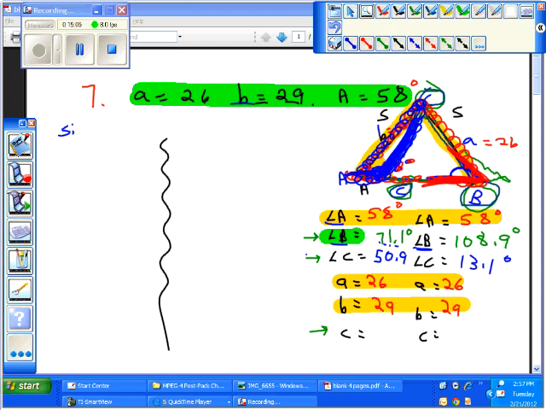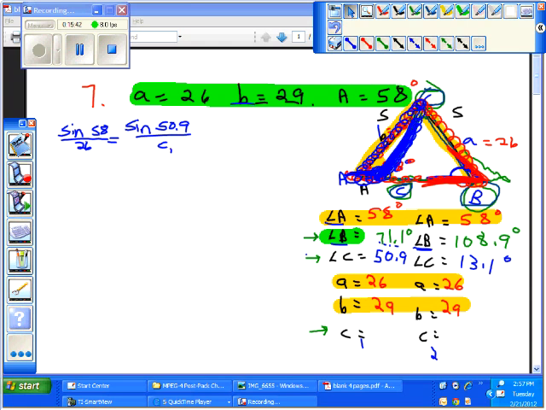Now, we're going to use the law of sines, and so we're going to say sine of angle A, 58, over little a, 26, is equal to sine of angle C choice 1, 50.9 degrees, over little c choice 1. I'm just going to put c sub 1 if that's okay. We'll call this c sub 1 and c sub 2 for right now. Okay? Let's go ahead and solve that one just so we have enough board space to get the job done.